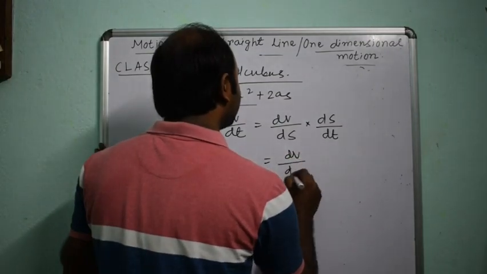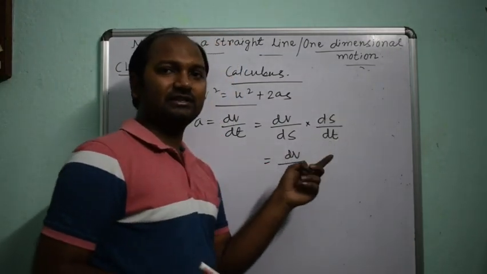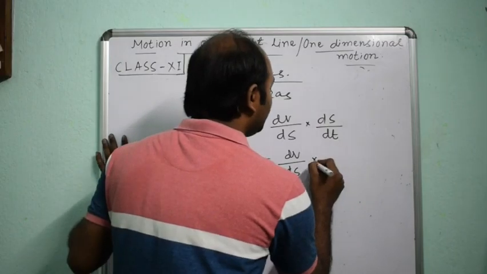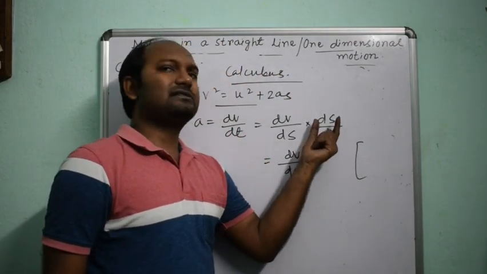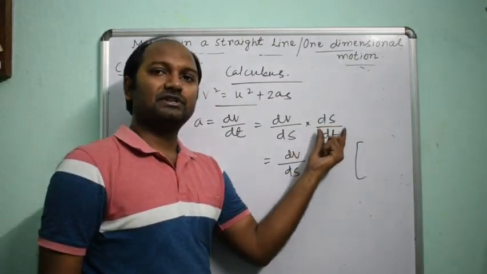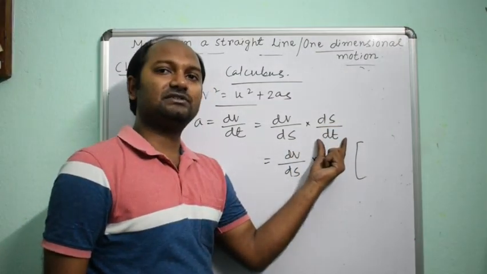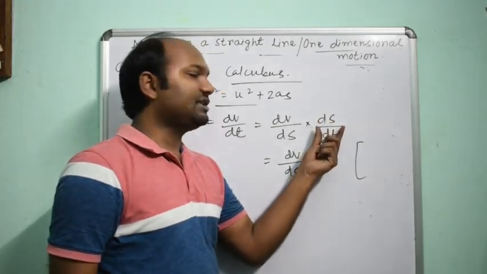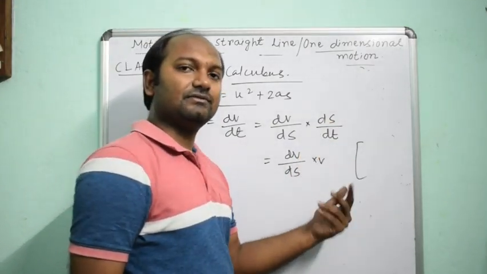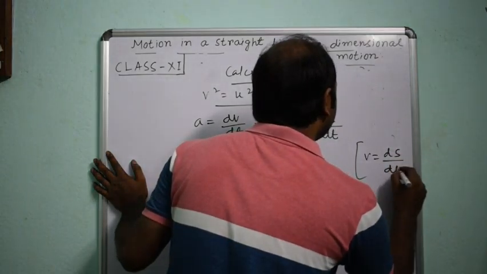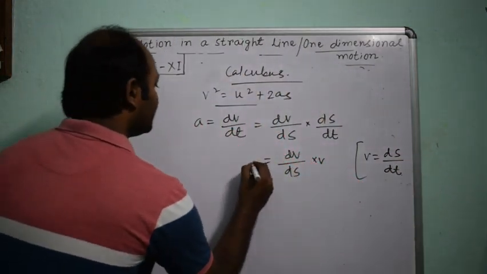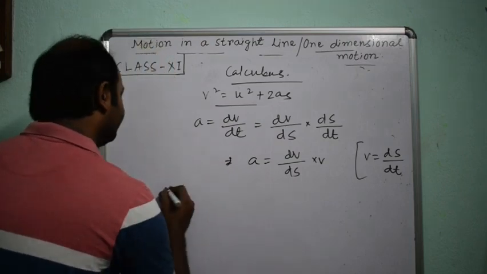If you think of ds by dt as a small change of displacement over duration dt, the rate of change of displacement means velocity. So v is actually ds by dt. So a becomes this one.